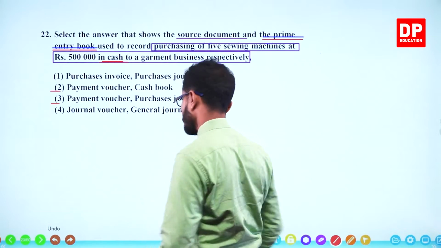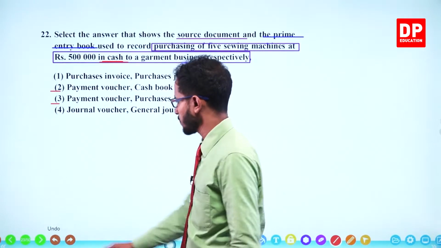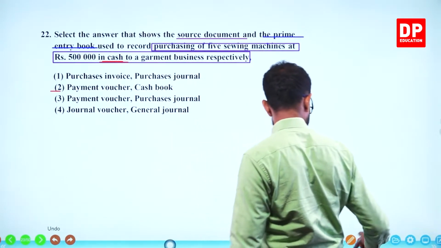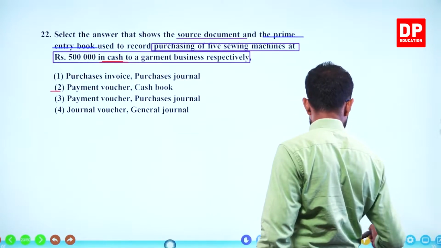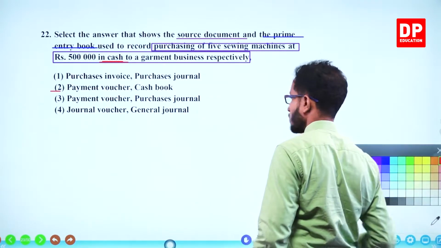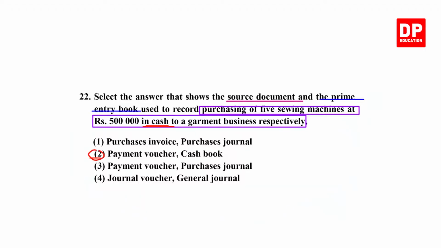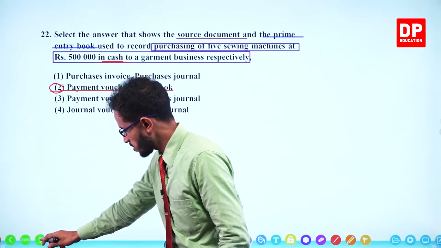We found the answer. Easy stuff. This is the answer, children. Payment voucher and cash book. You should have this clear understanding about source documents and prime books. Right, let's go to the next question.